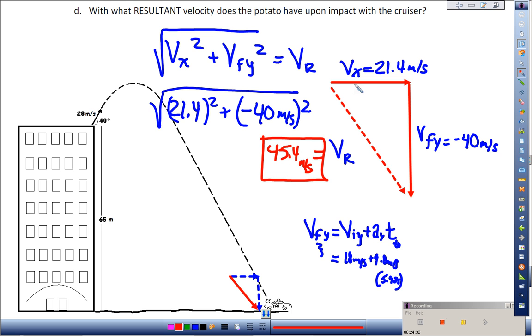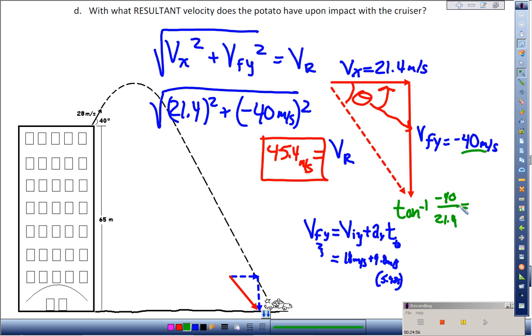And then if I want to find its angle below the horizontal, well, that's as simple as taking the opposite over the adjacent and finding the second function tangent of that, the inverse tangent. So the inverse tangent of negative 40 divided by 21.4.